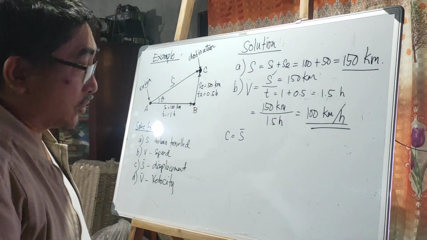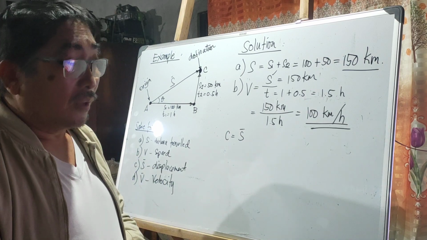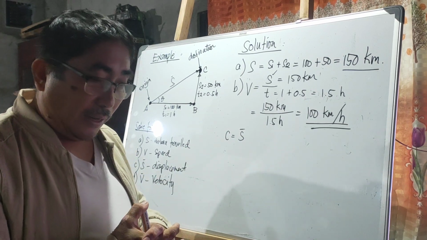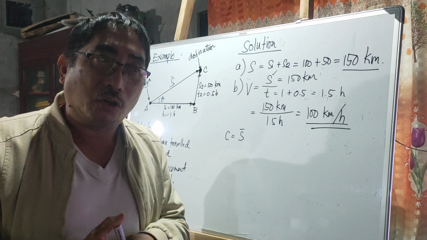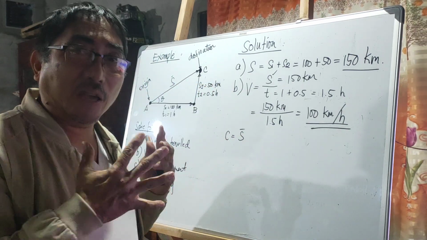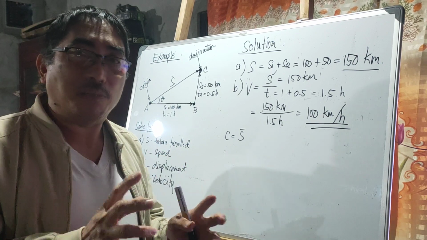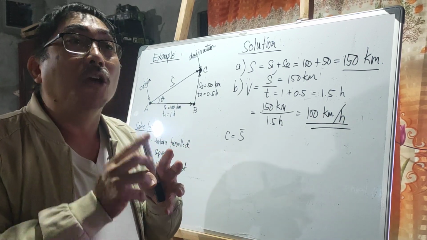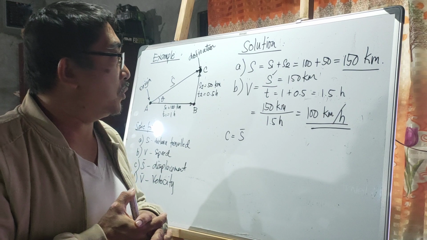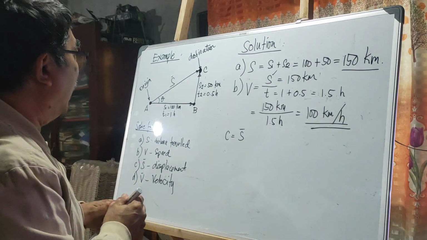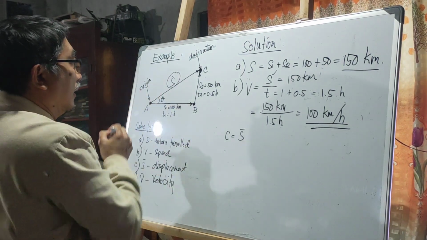Therefore, the simplest description and definition of displacement in physics is the straight line distance between the point of origin and the final destination. And therefore, this is our displacement.